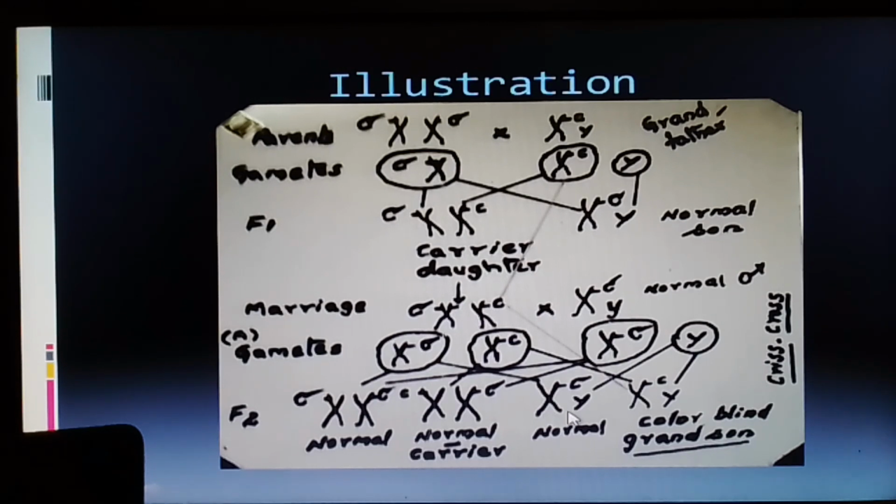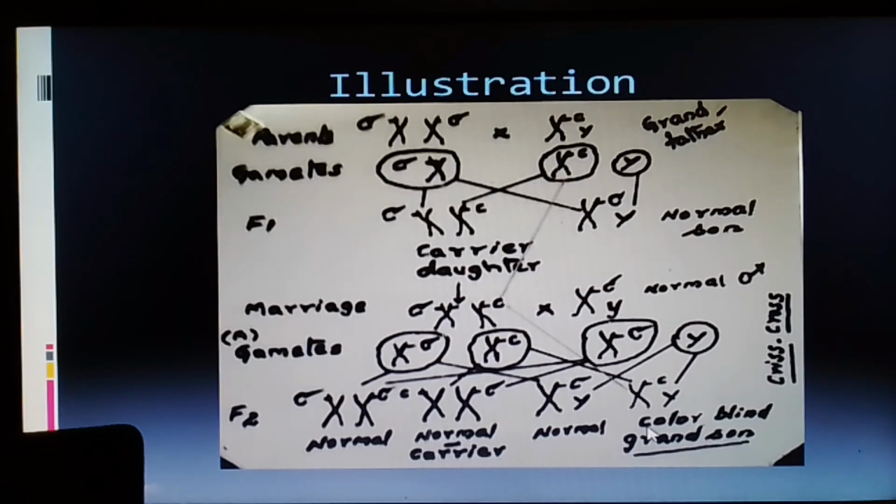So assume that one of the sons receives capital C in his X, and the other son receives small c in his X. As we already told, the character will be expressed in hemizygous condition in the case of male, particularly these X-linked characters.